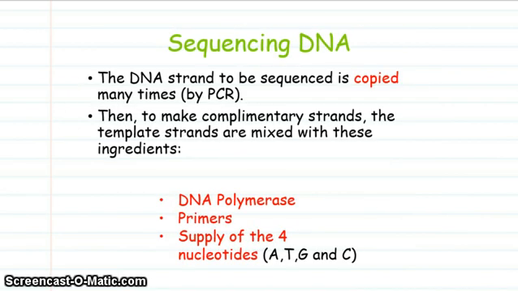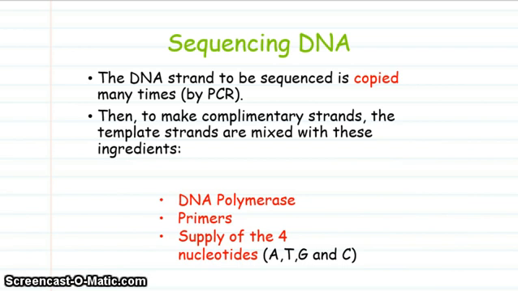Now, for the actual process of sequencing the DNA, the DNA template, the original strand that needs to be sequenced, is copied many times by PCR, and that requires what you would expect: DNA polymerase, primers, and a supply of 4 nucleotides, of course adenine, thymine, guanine, and cytosine, along with the DNA template.